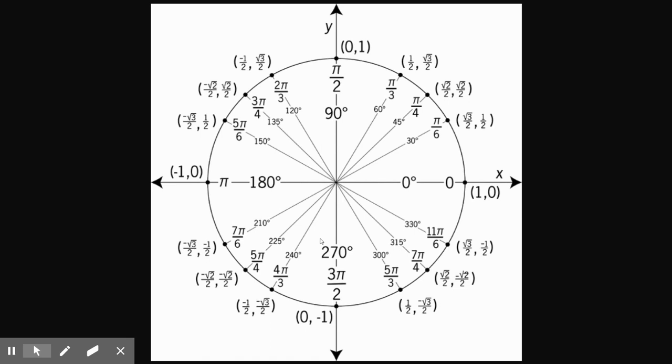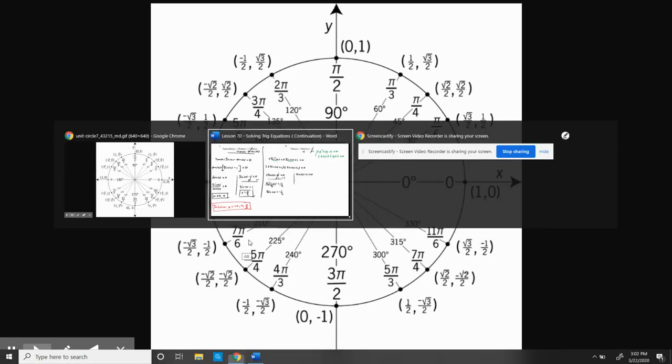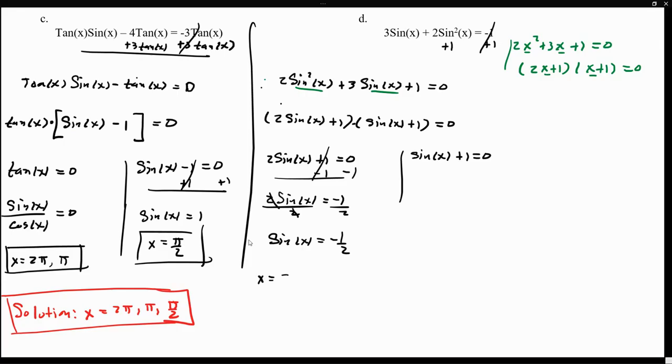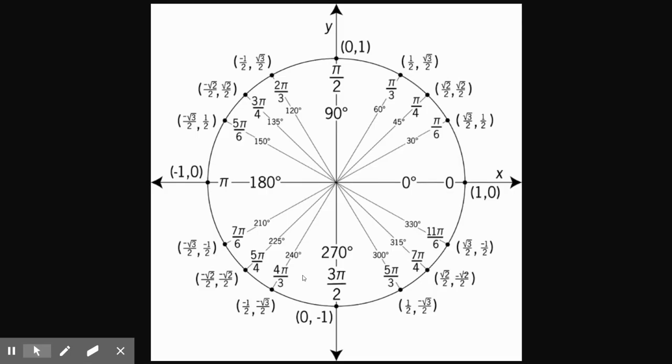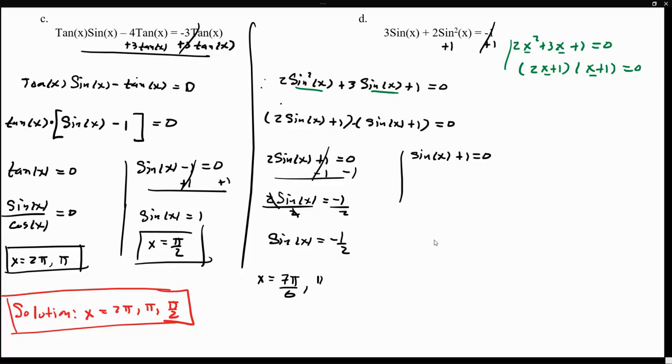Well, notice that here on the 210 degrees, my sine function is negative 1/2. So one of my solutions is going to be 7 pi over 6. And is that the only place where my sine is equivalent to negative 1/2? Well, that's not the case, because also at 330, notice that my sine is negative 1/2. So my second solution is going to be 11 pi over 6. So there it is. Those are the solutions coming from the first equation.